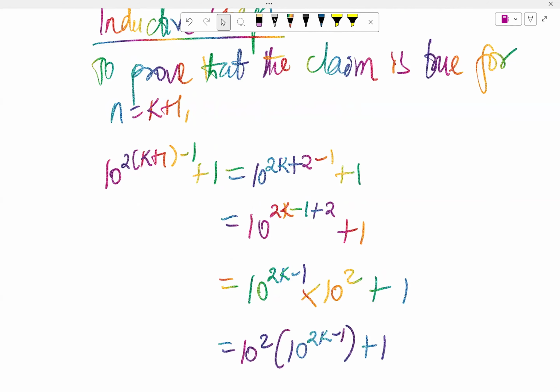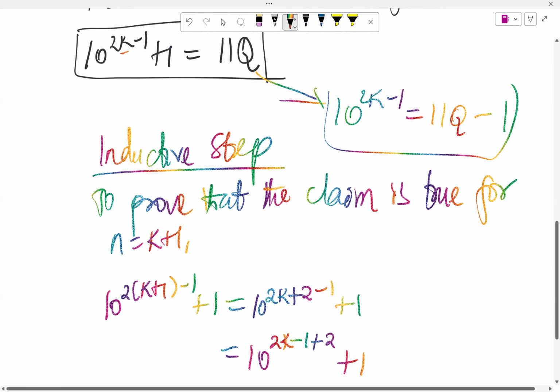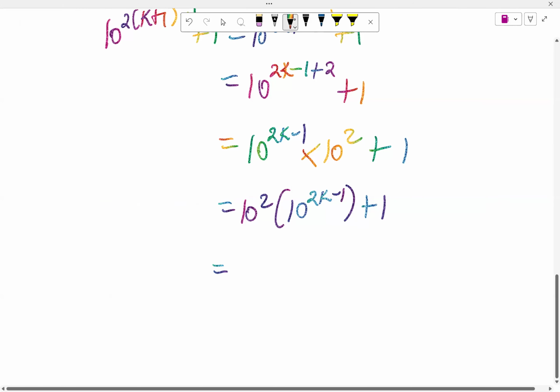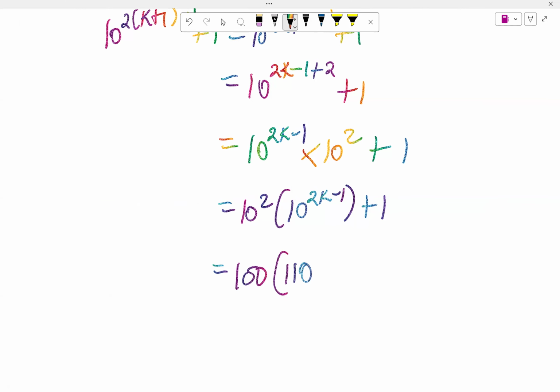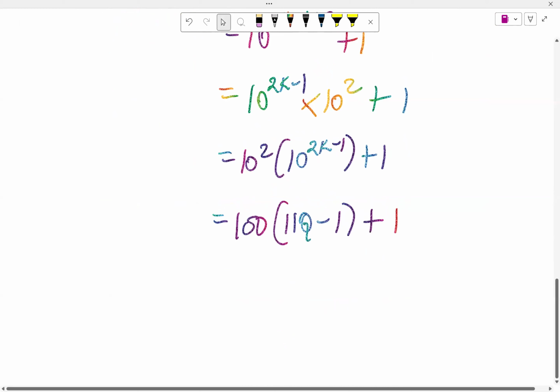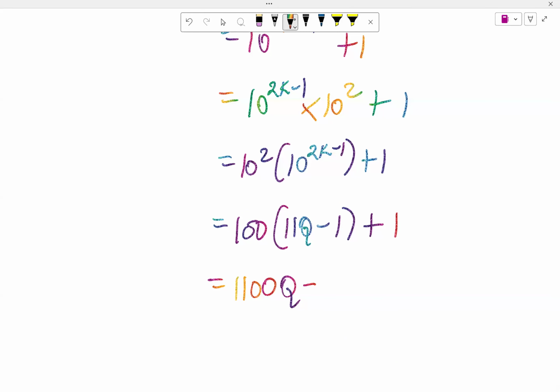And from the previous situation, 10 raised to power 2k minus 1 is 11q minus 1. So this is 100, since 10 raised to power 2 is 100, into 11q minus 1, plus 1. So we have 100 times 11q, that is 1100q, minus 100 times 1, that's 100, plus 1.